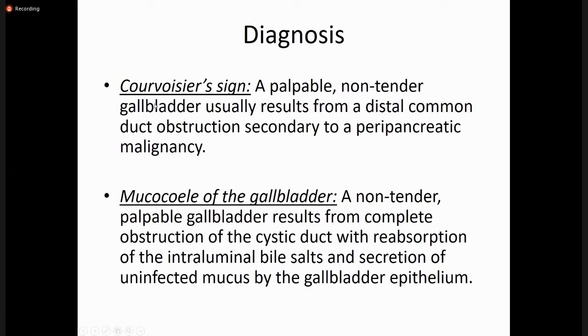You also need to differentiate between the mucocele and this palpable gallbladder, but the age and related symptoms will guide you, basically. A mucocele is a non-tender palpable gallbladder resulting from complete obstruction of the cystic duct, with reabsorption of intraluminal bile salts and secretion of uninfected mucus by the gallbladder epithelium.